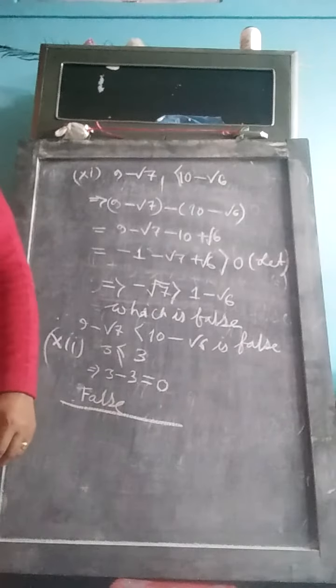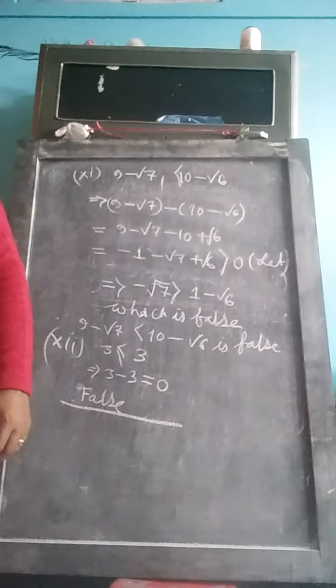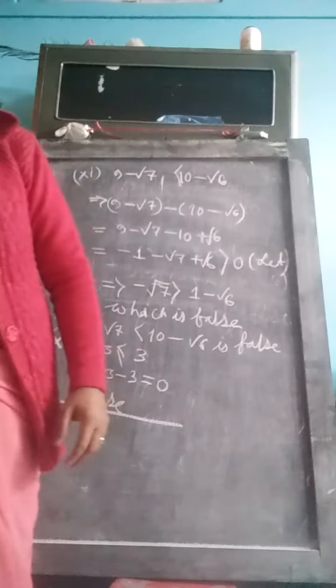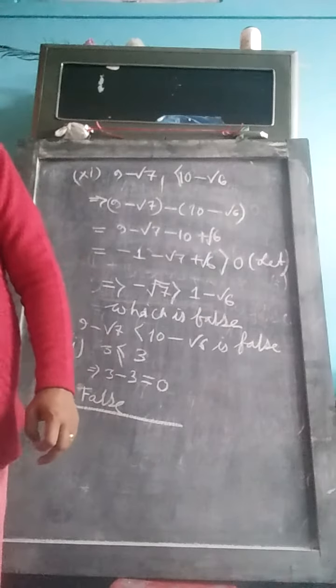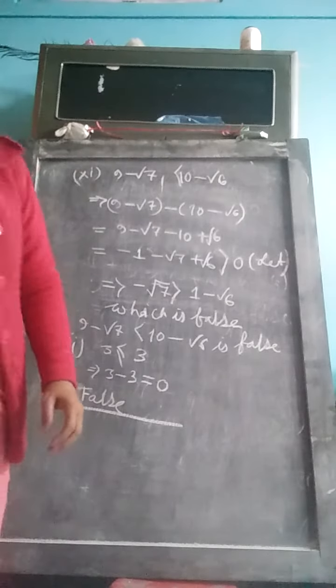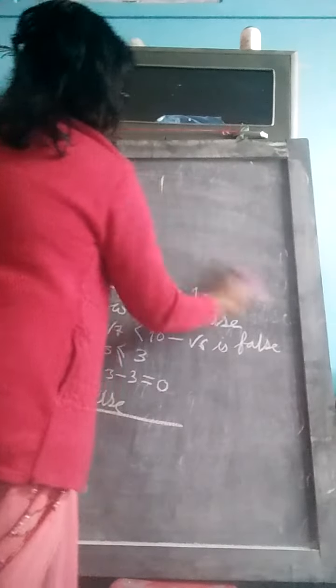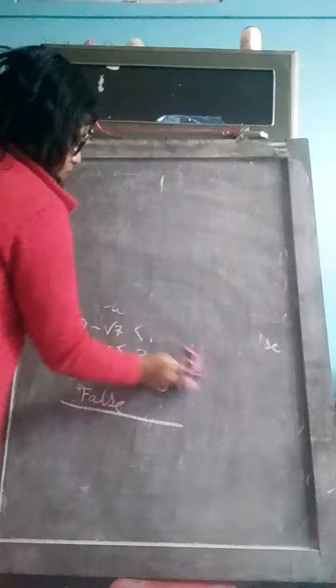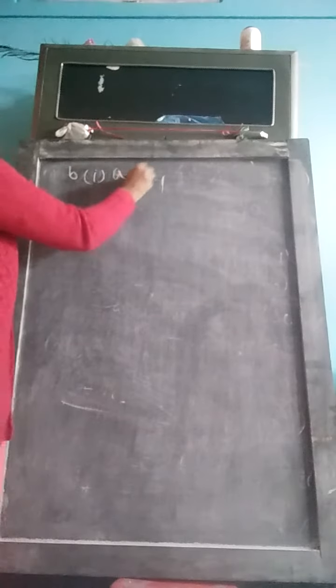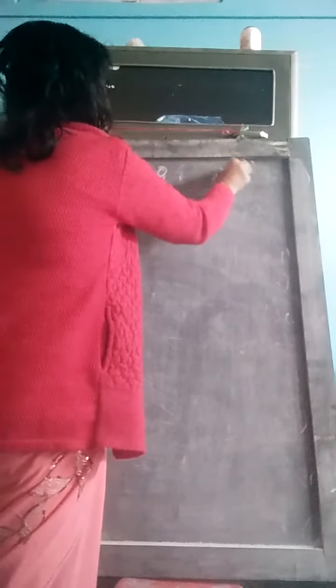Then question number B. If A is not equal to 0, then A square is greater than 0.